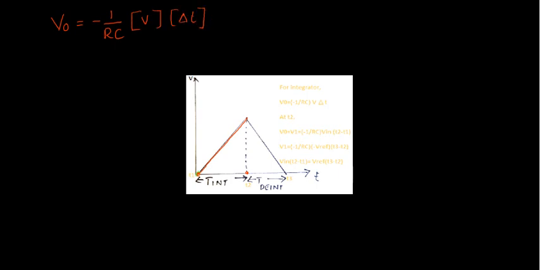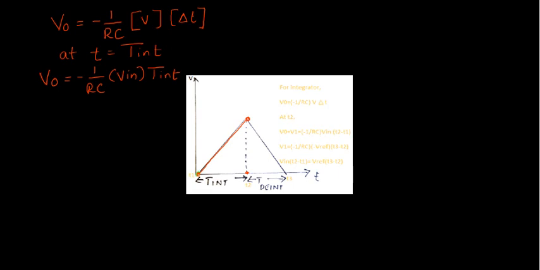Now at T equals TINT, your output voltage will be minus 1 divided by RC, the input at that time is Vin, and delta T is TINT. This is going to be the expression for the output voltage, right?